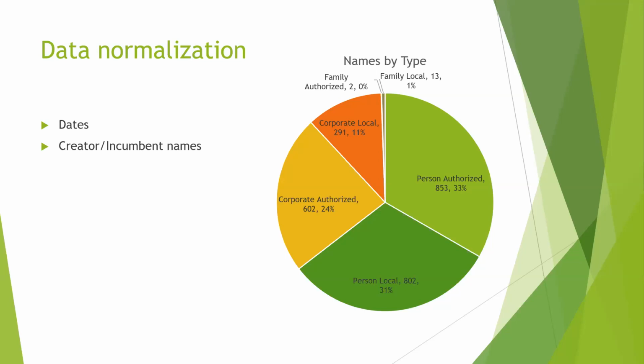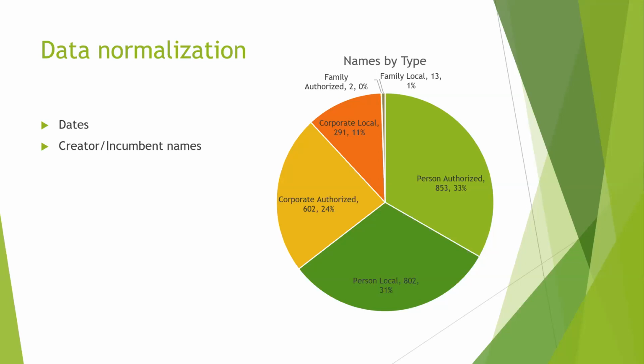And then probably the most time consuming of the data normalization was the creator names. There were 2,500 names present, both corporate and personal names, and I began to look for local names or authorized names, or build local names for them as appropriate.